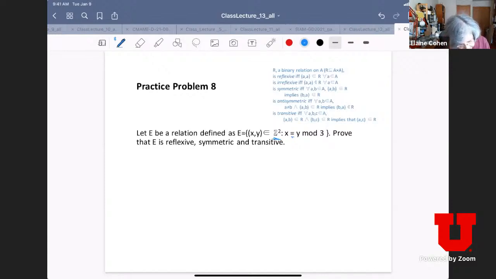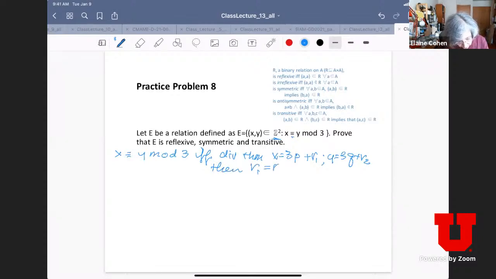So what we know is that x is equivalent to y mod 3 if and only if, by the division theorem, x is equal to 3p plus r1 and y is equal to 3q plus r2, then r1 equals r2.